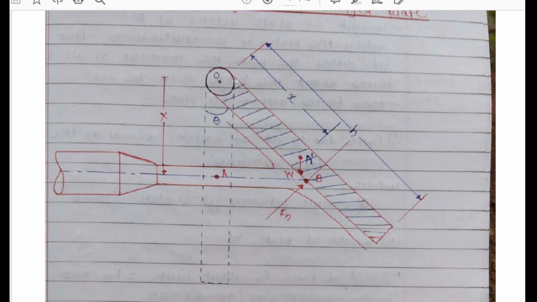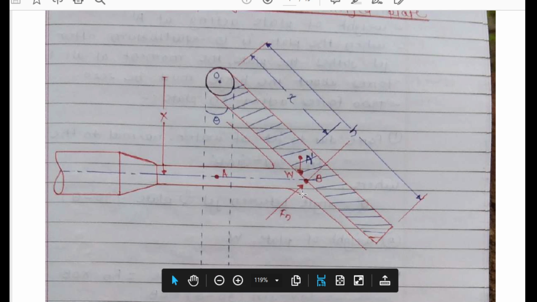If we look at this figure carefully, we can see that this jet is striking exactly this inclined plate. As this is an inclined plate, a normal or perpendicular force is acting on this plate.